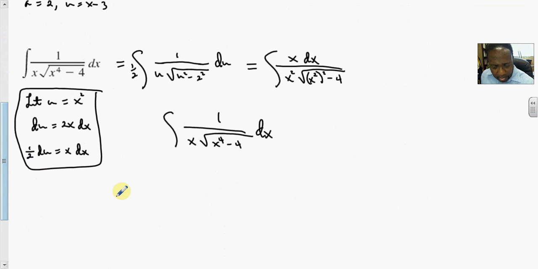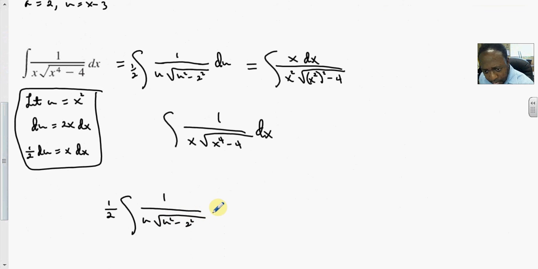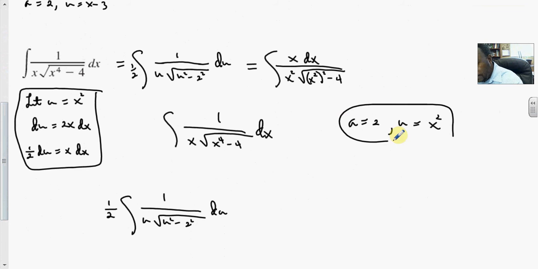So I start now again with the 1/2. The integral of 1 over u times the square root of u squared minus 2 squared du. Now, you note here that the a is equal to 2 and our u is x squared.